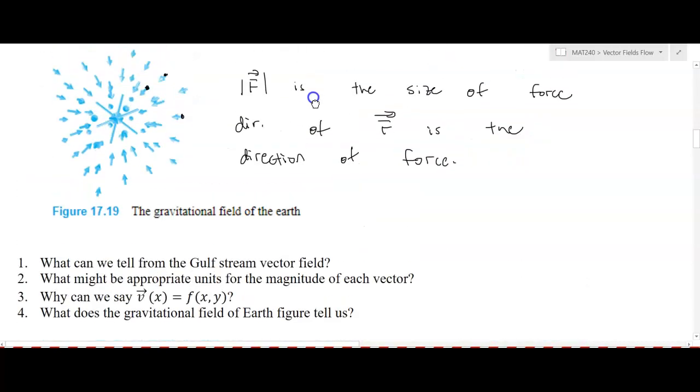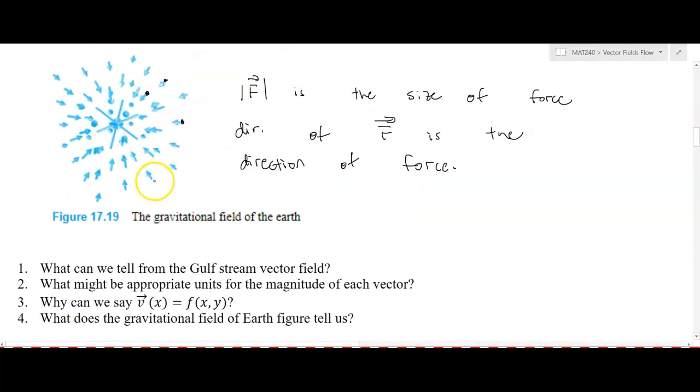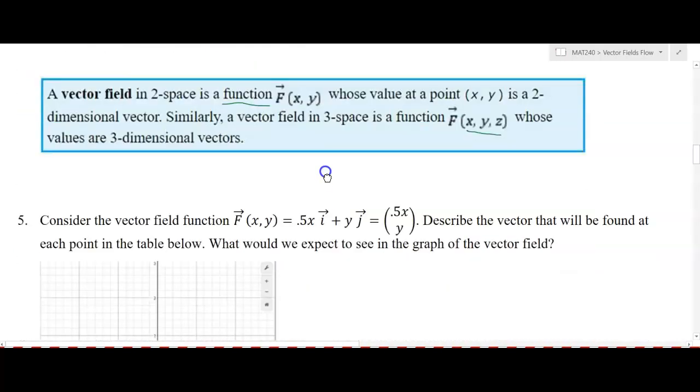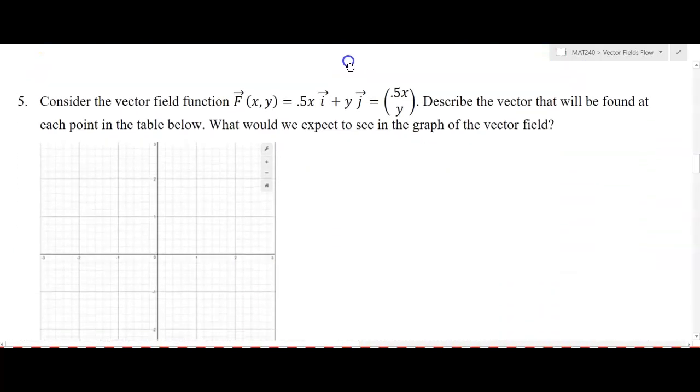In 3 dimensions, the same idea holds. I just have to input 3 components, my x, my y, and my z, and then what comes out is this vector. So that's all a vector field is. It's a function that just generates vectors, a vector generating function.